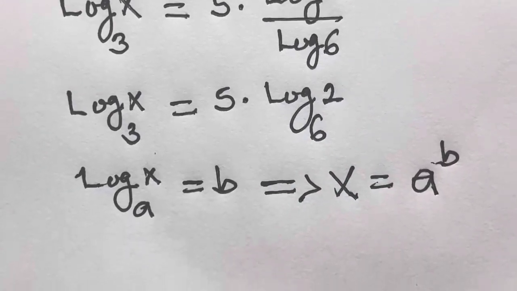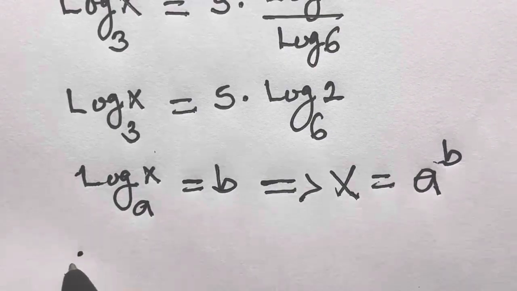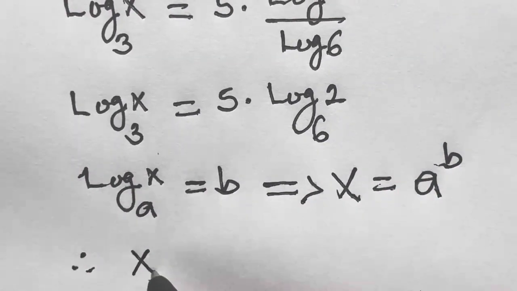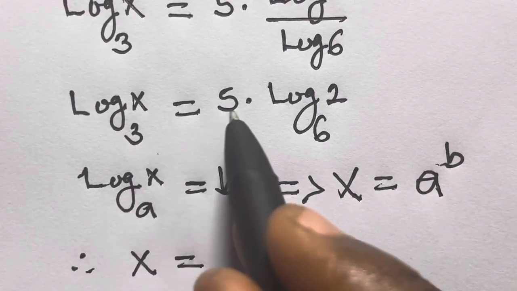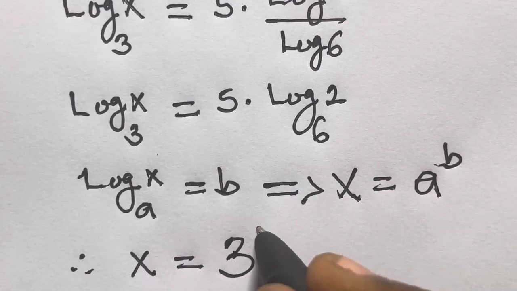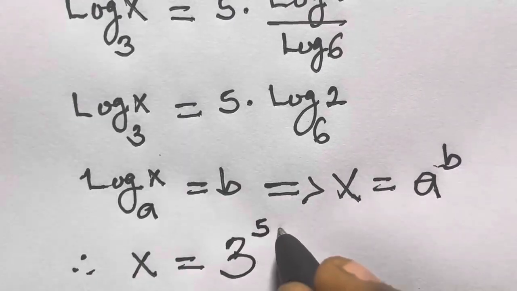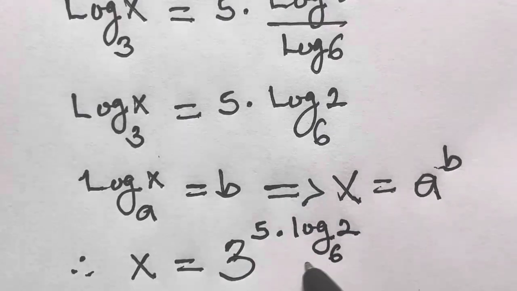So if we apply the same thing to the above expression, therefore we'll have x equals 3 raised to power 5 multiplied by log 2 in base 6.